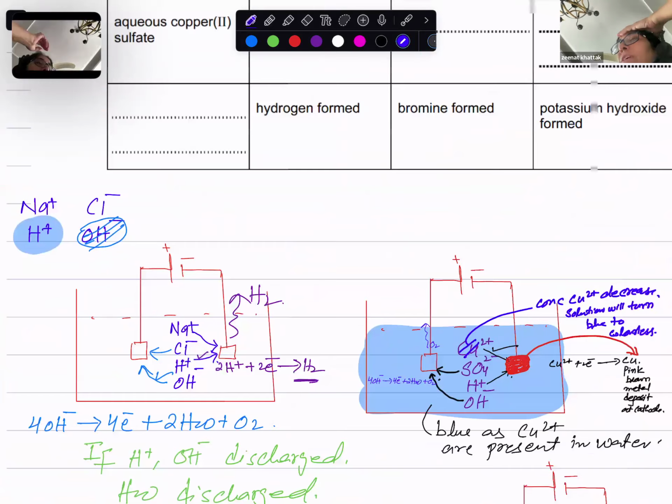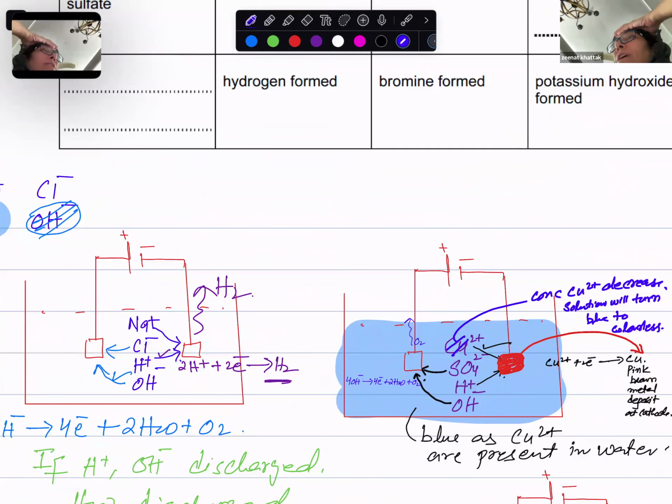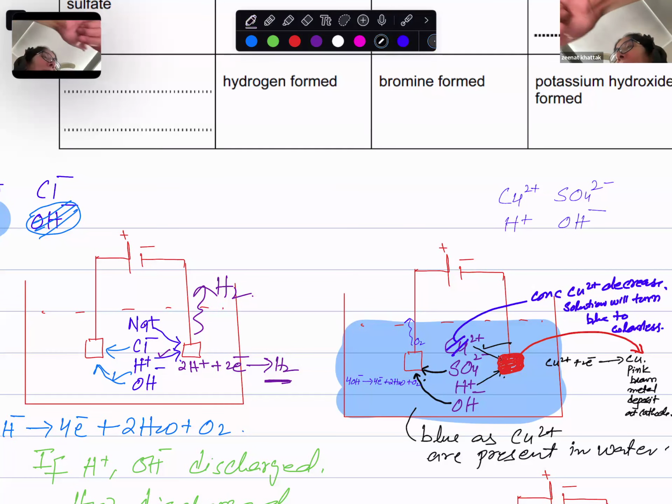If we look at the ions, there are copper ions and sulfate ions: copper sulfate, aqueous. Among copper and H plus, the copper is going out as a pink-brown metallic deposit.